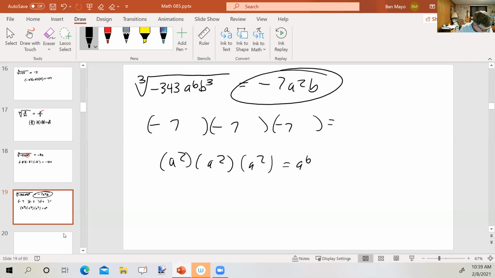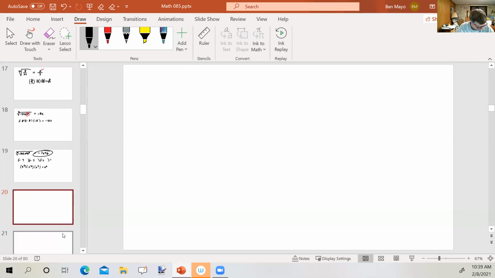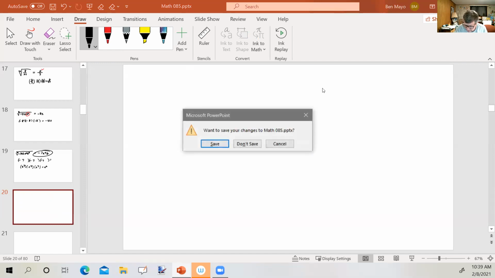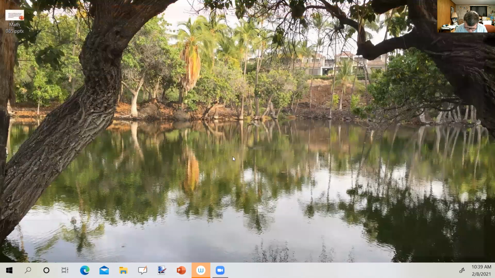Let's see. How about this one? Let's see if this is going to transfer okay. We'll find out here in a minute. Close this up and open this one.